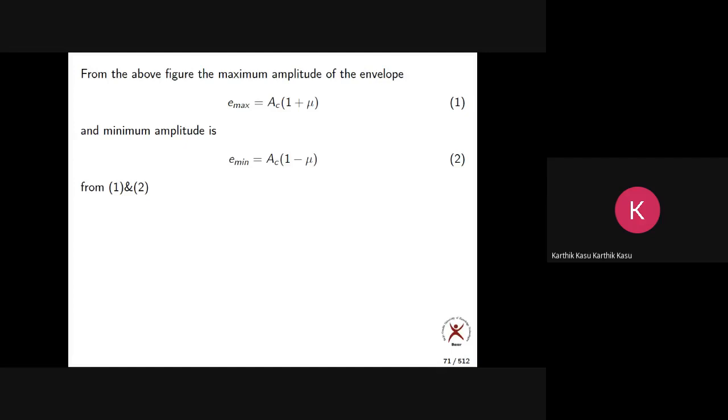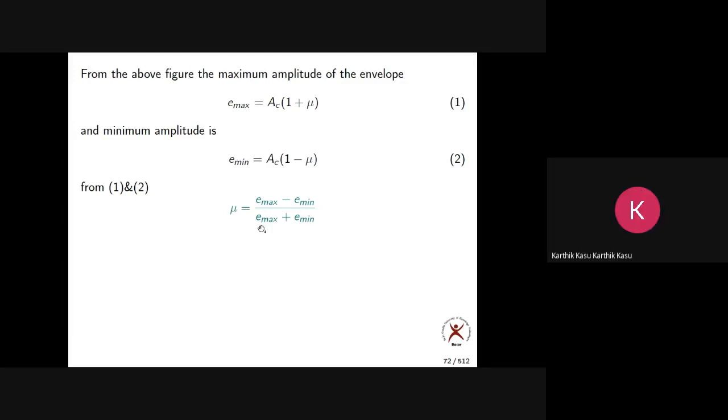From these two equations, what is mu? Mu equals (E_max minus E_min) by (E_max plus E_min).